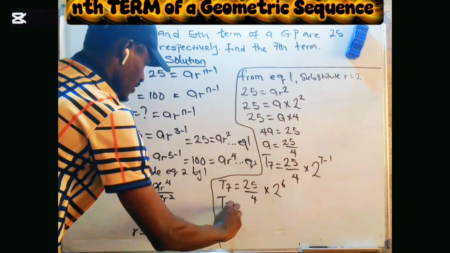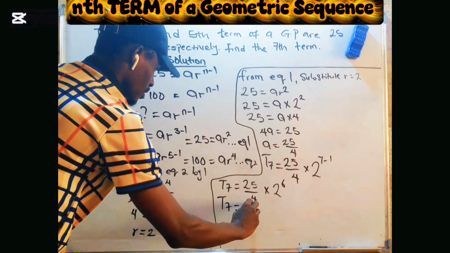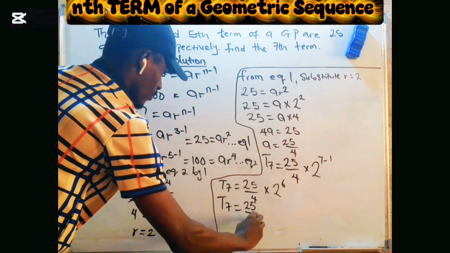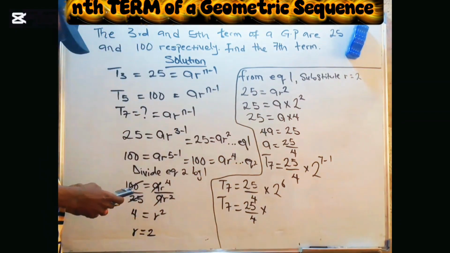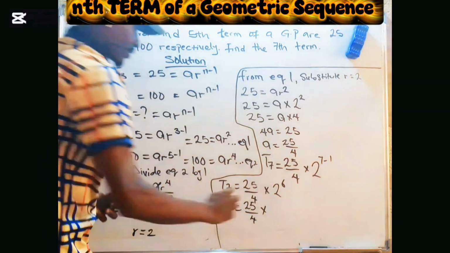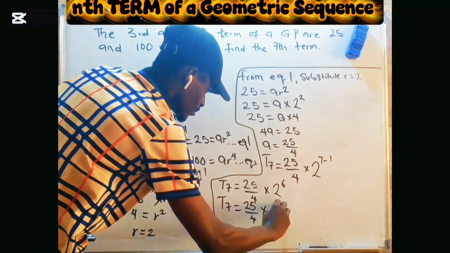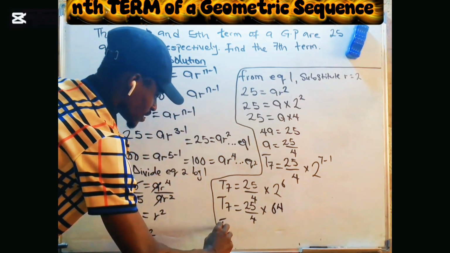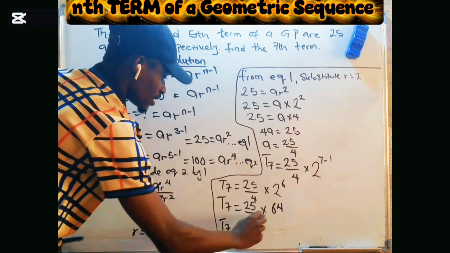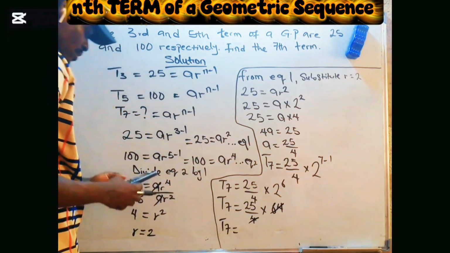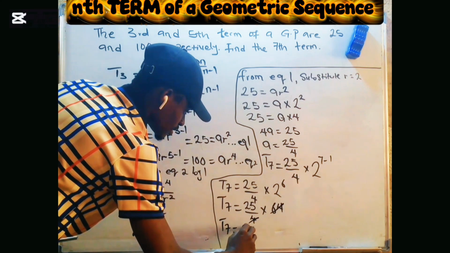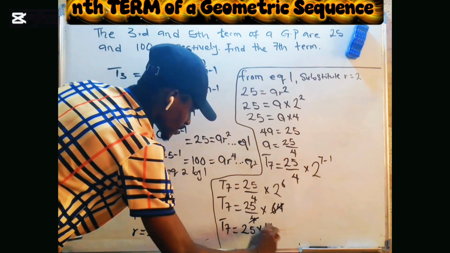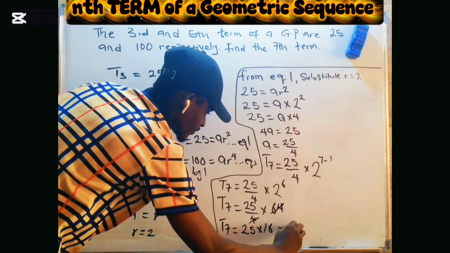So T7 will be equal to 25 over 4 times 64. T7 will now be 64 divided by 4, that is 16, times 25, which is 400.